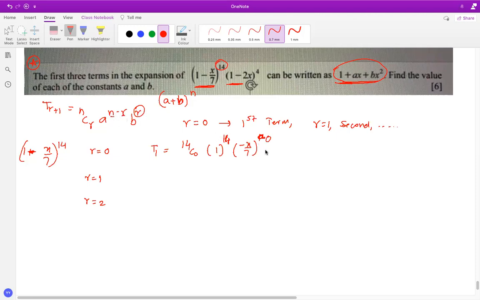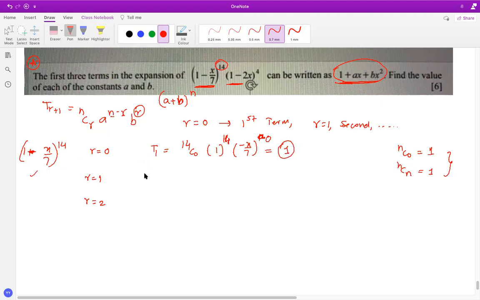So 14C0 is 1, because nC0 is 1 and nCn is always 1. This is a shortcut for understanding some of these complicated questions. Now, 1 to any power is 1 itself, and (-x/7)^0 is 1. So my first term is actually 1 in this expansion.